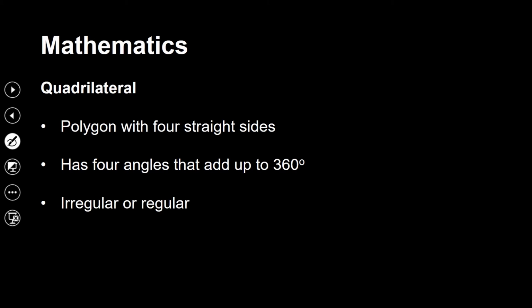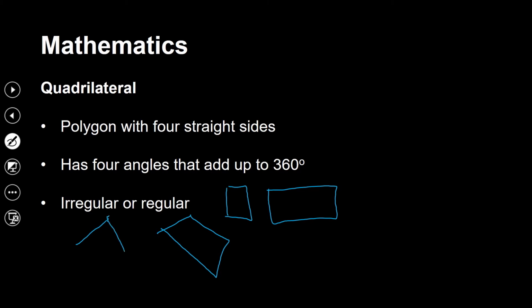It may be irregular or regular. The regular ones would be things like a square, a rectangle, a rhombus. But irregular would be just any quadrilateral, something like this. Me having a quadrilateral that looks something like that.